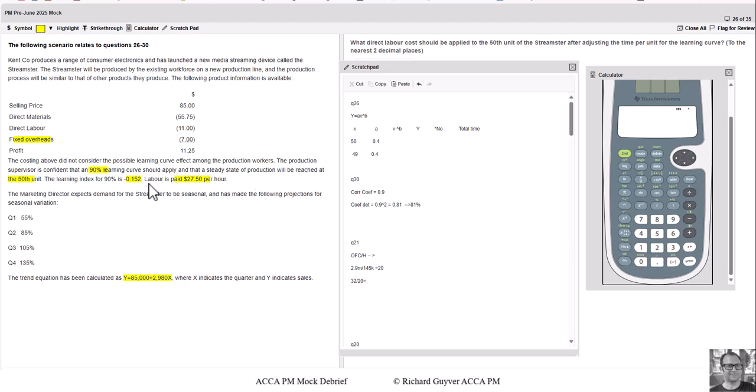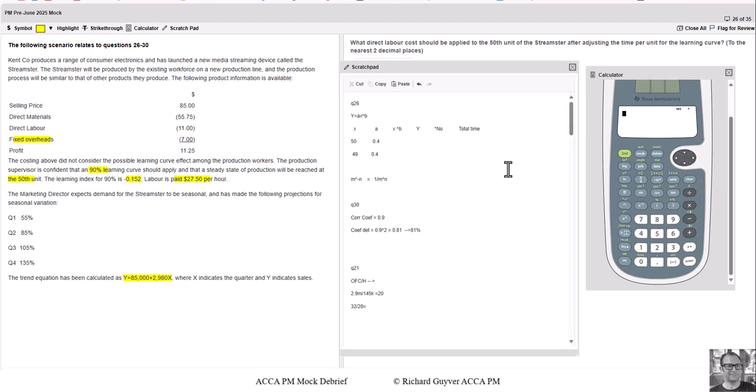Anything to the power of a negative is 1 over the same number. Let me write it out here. M to the power of negative n. So m to the power of minus n equals 1 over m to the power of n. So you have to use that in order to use this calculator.